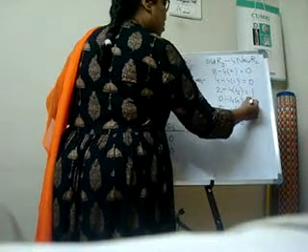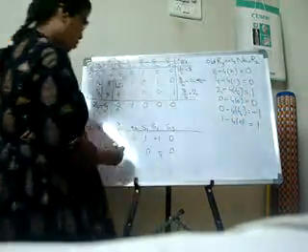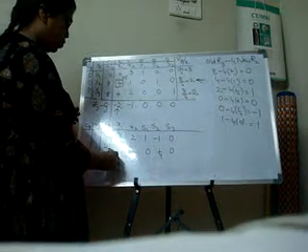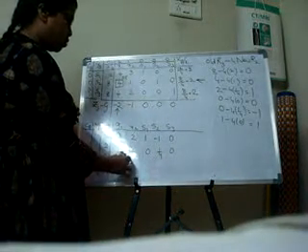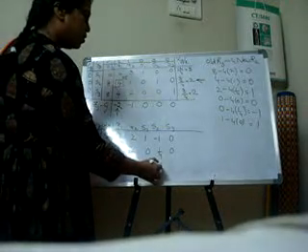So this is 0, this is 0, this is 1, this is 0, this is minus 1 and this is 1. So the values are 0, 0, 1, 0, minus 1 and 1.